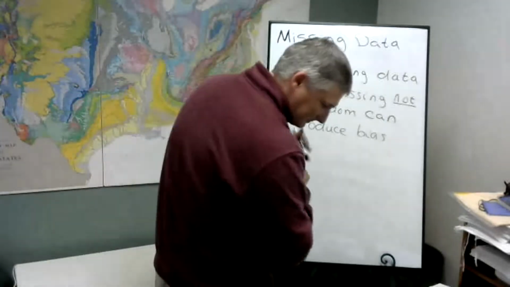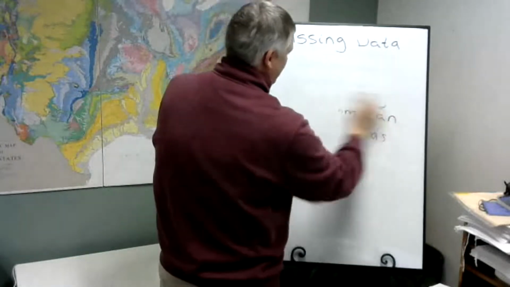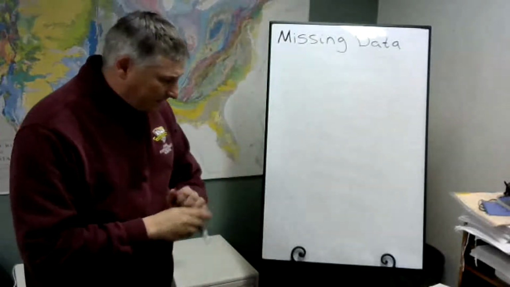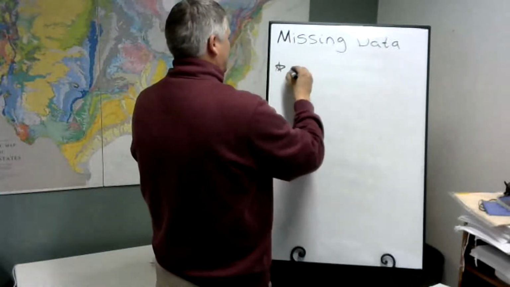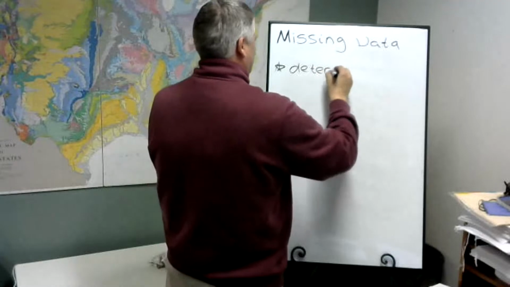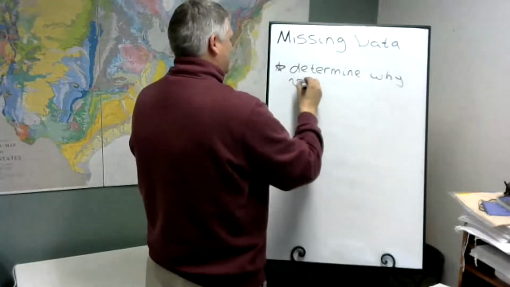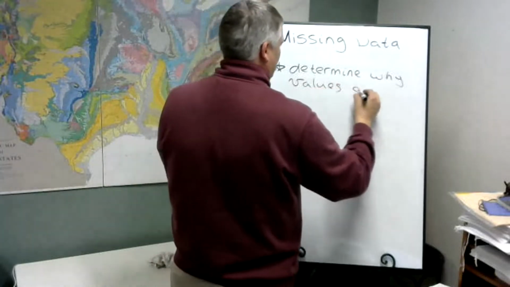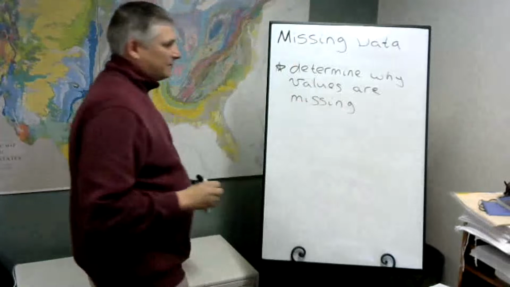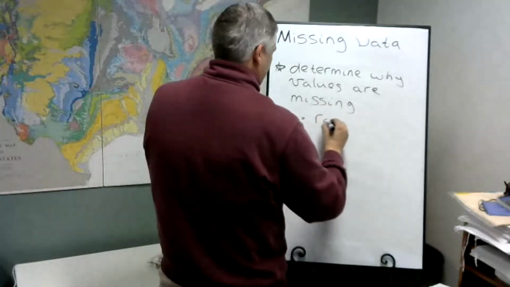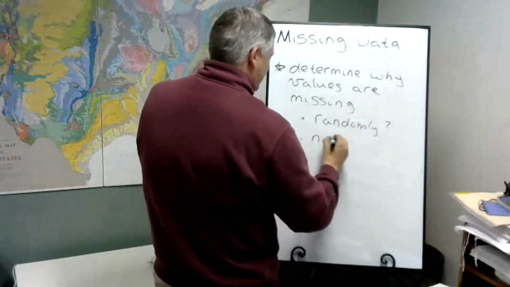So one of the things you're going to want to always do when you're doing statistics is determine why values are missing. Is it going to be randomly? Not randomly?